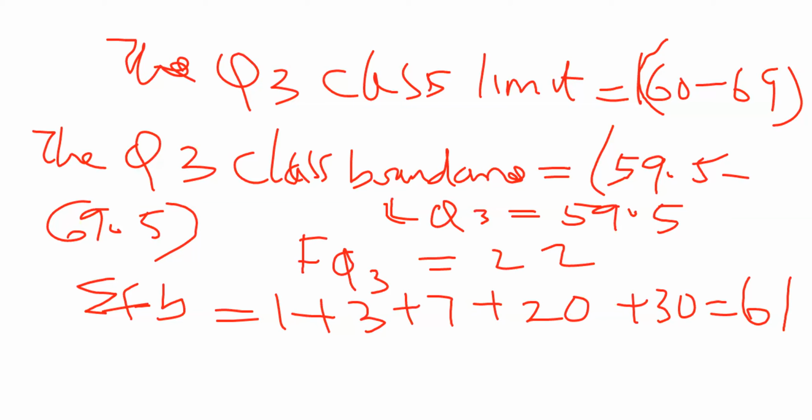Another one, our class width C is 10. How do I arrive at 10? It means 69.5 minus 59.5. The interval, the length, is 10. So as far as the formula is concerned, everything has been clearly stated. What we're going to do now is substitution, so that we can get Q3. Any questions?